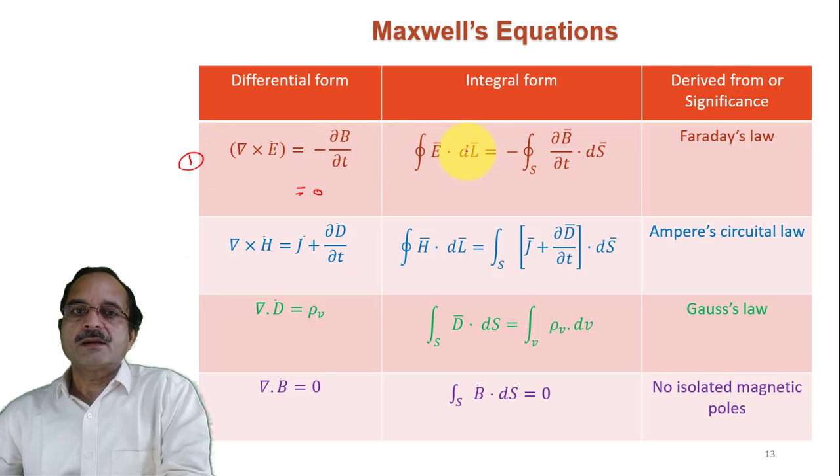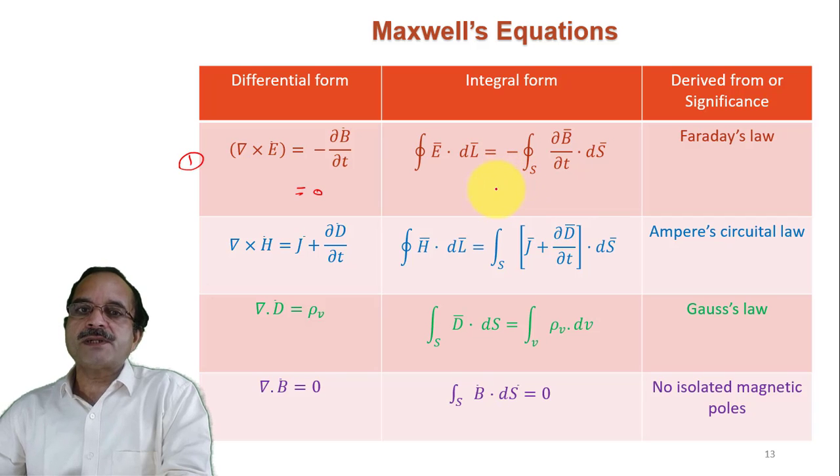Line integral E dot dl equal to negative surface integral dB by dt dot ds. Now again, in case of static fields, the magnetic flux density will be uniform. So rate of change of flux density will be 0. So this can be written as 0 for static fields.